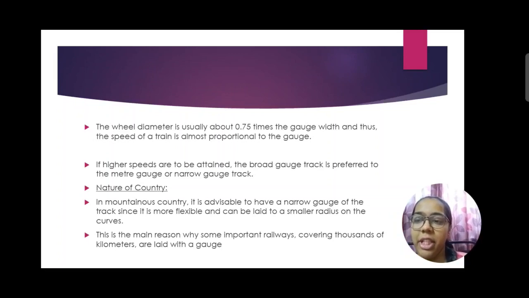Fifth, nature of country. In mountainous country, it is advisable to have a narrow gauge track since it is more flexible and can be laid to a smaller radius on the curves. This is the main reason why some important railways covering thousands of kilometers are laid with a narrow gauge.